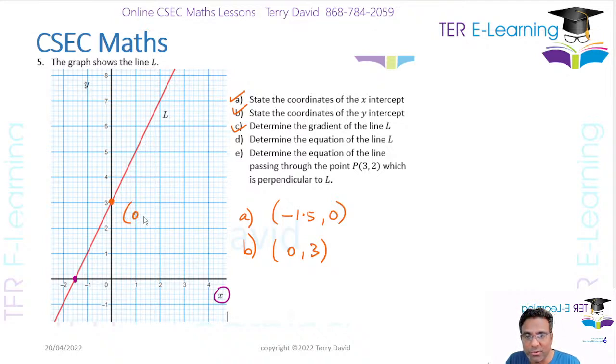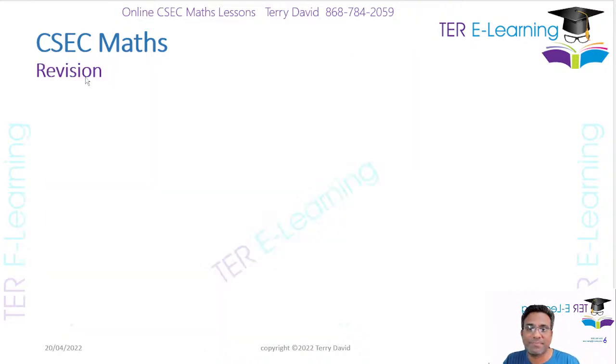So this is 0, 3. And I'm going to use this point up here, which is going to be 2, 7, right? So I'm selecting 2 points on that straight line to allow me to work out the gradient of the line. So it's 0, 3 and 2, 7.